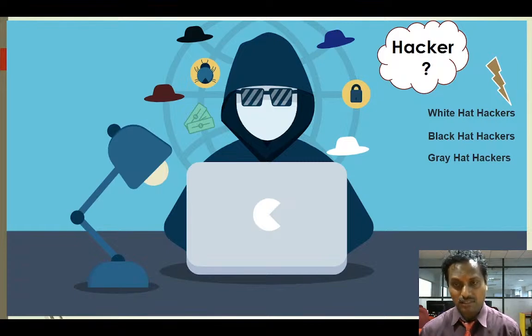When I say hacker, there are a number of types of hackers: white hat hackers, black hat hackers, and grey hat hackers. Though there are many terminologies that are popular, these are mainly the three types. First are white hat hackers, who are authorized or certified hackers who work for the government or any organization by performing penetration testing.